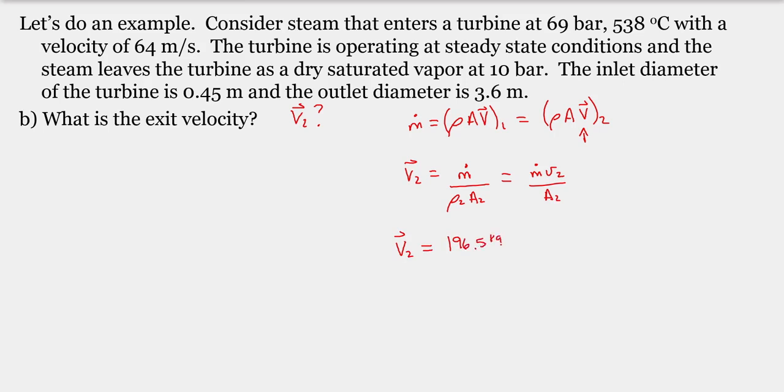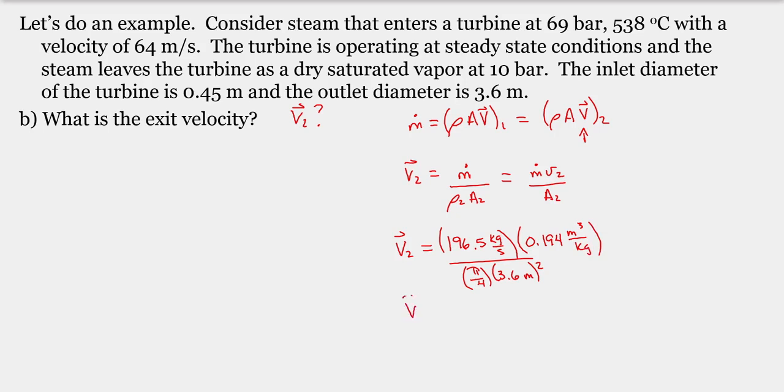And so we take our previous number of 196.5 kilograms per second, and we have area here, so we have pi over 4. The diameter at the exit, again, is larger, so that's going to be 3.6 meters squared. We multiply that by the specific volume we found in the online calculator, which was 0.194 meters cubed per kilogram.